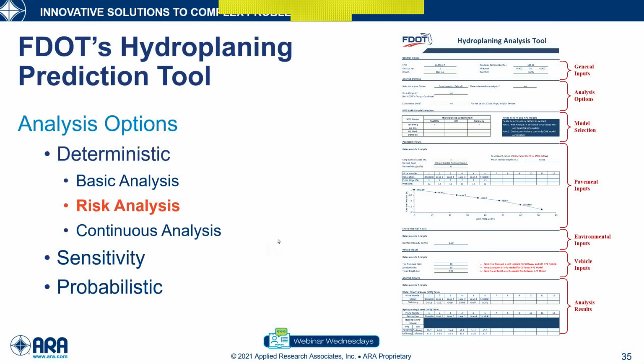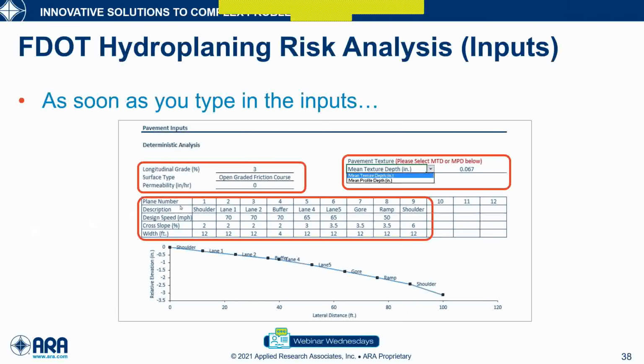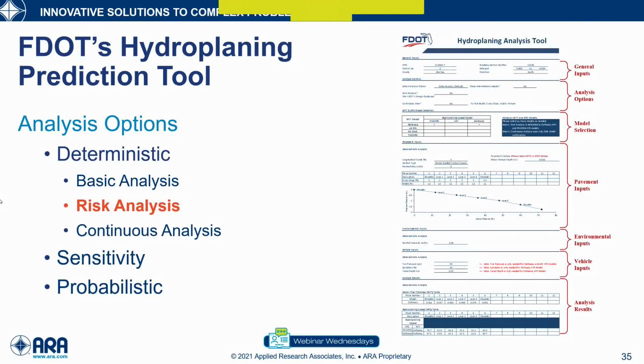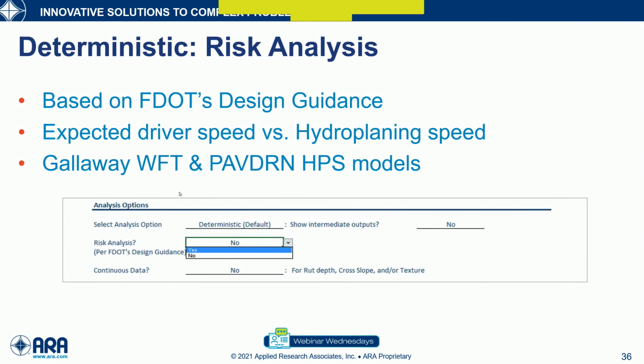Okay, so we looked at the basic analysis. Now it's time to go over the risk analysis option. The risk analysis option is based on the FDOT's design guidance for the analysis of the hydroplaning risk using the hydroplaning tool.